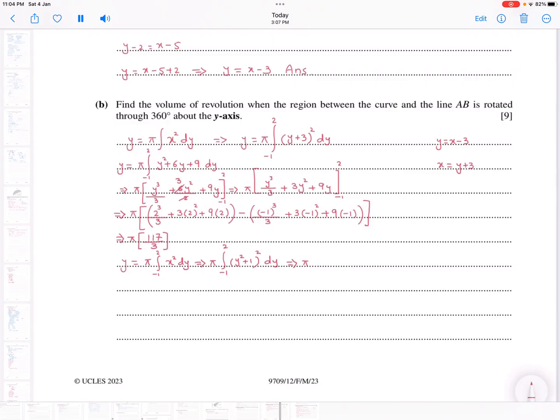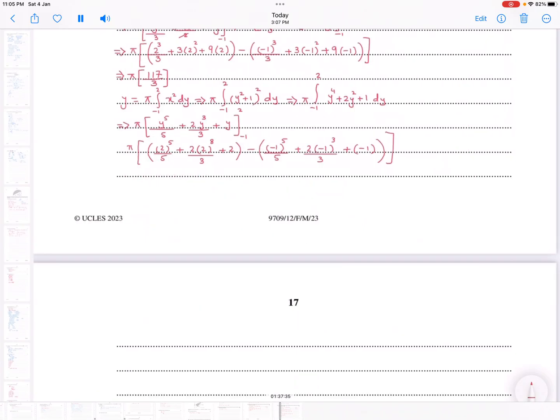So now open this, same like a plus b whole square, so it becomes y power 4 plus 2y square plus 1 dy. So now integrate it. So y power 5 over 5 plus 2y cubed over 3 plus y, and limits written. Now upper limit minus lower limit, very carefully. This is the lower limit. Now use your calculator and find the value.